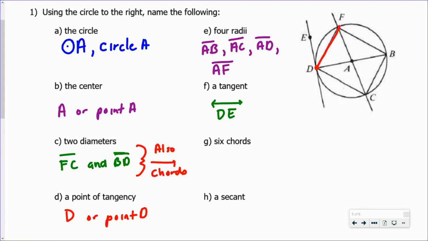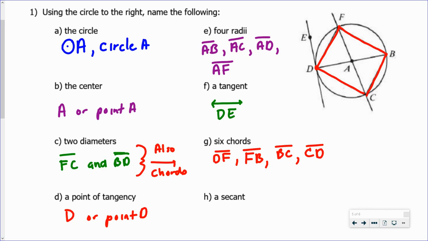I see DF, I see BF as a chord, BC, and CD. So those are the 4 other chords along with the diameters. So DF is one, FB is another, BC, and then CD. So this would be 4 chords, and then with the 2 diameters, makes a grand total of 6.